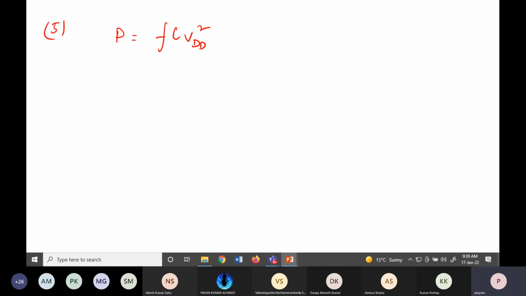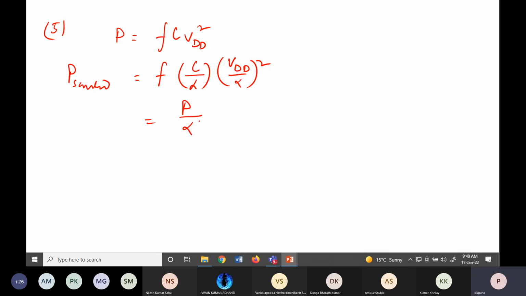Okay, so you see in this case also, if we don't talk about frequency, if we keep our frequency constant, then you see P scaled will improve drastically. P scaled will improve drastically, and so on.